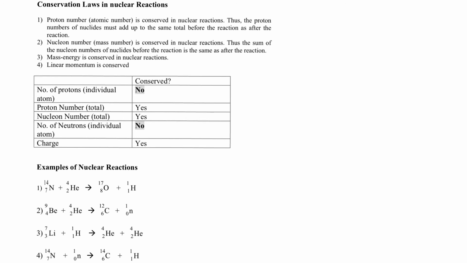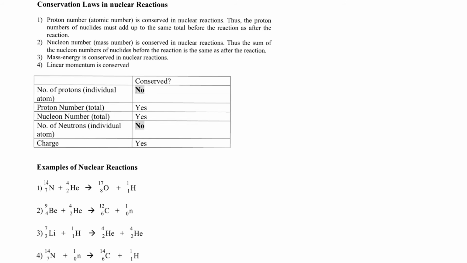Similarly, in beta plus decay, which is positron, your proton will become a neutron and a positron. So therefore, your number of protons will decrease by 1, your number of neutrons will increase by 1. So number of protons and number of neutrons are not fixed. They are not conserved. But proton number and nucleon number, they are conserved. Okay?